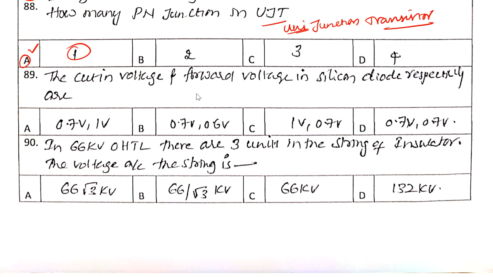The cut-in voltage and forward voltage in a silicon diode respectively are... The cut-in voltage is 0.7 volts and the forward voltage is 1 volt. So the answer is 0.7 comma 1 volts.